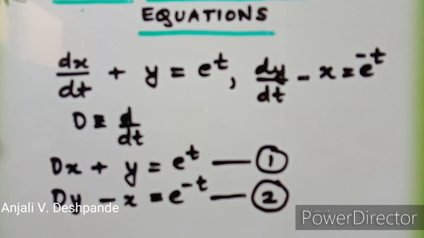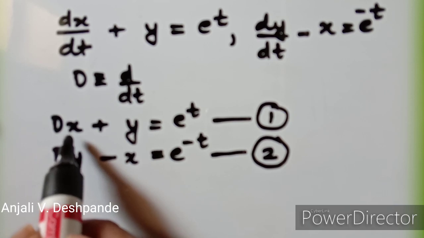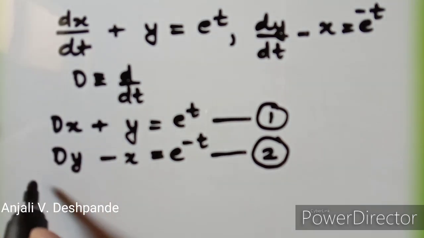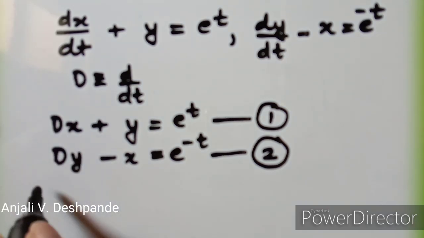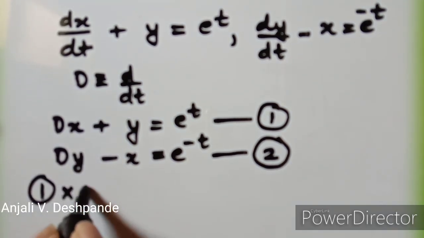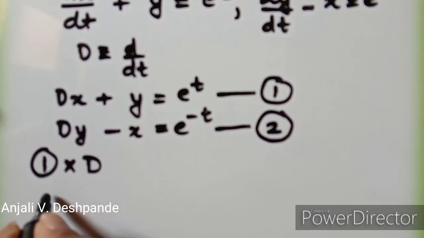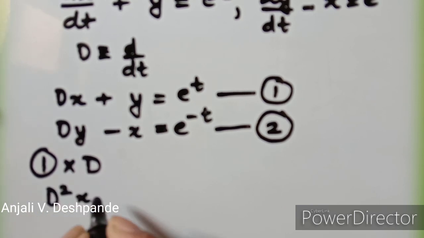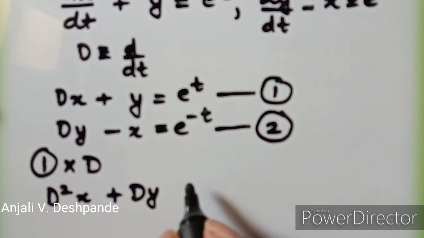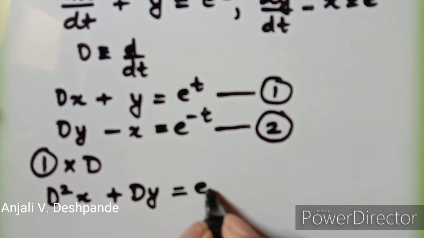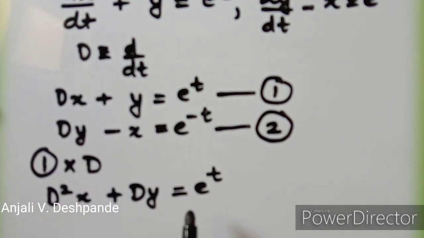So what we are going to do is, here we are going to multiply this first equation by D. So you will see what is the use of doing all this shortly. So first we will multiply 1 by D, and this will give us D square x plus Dy is equal to e raised to t. Remember, D is the operator d by dt.